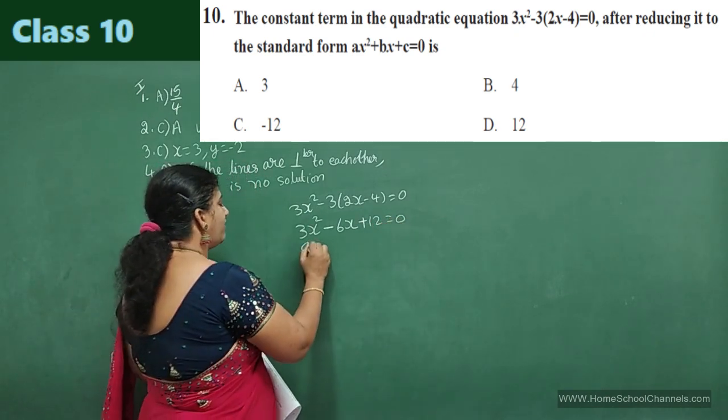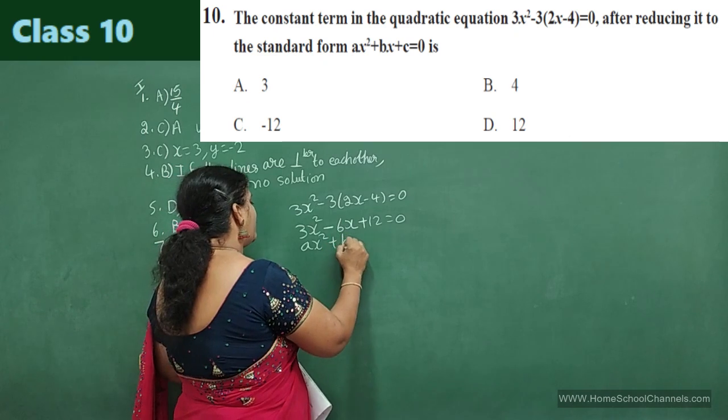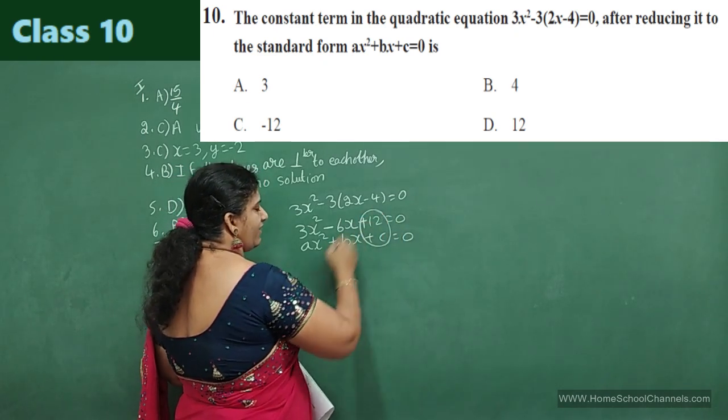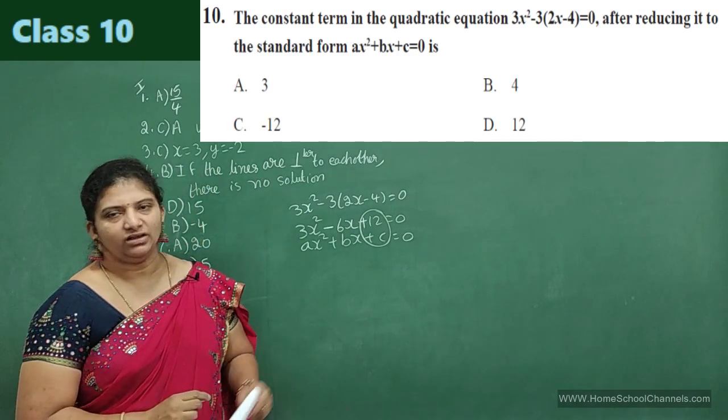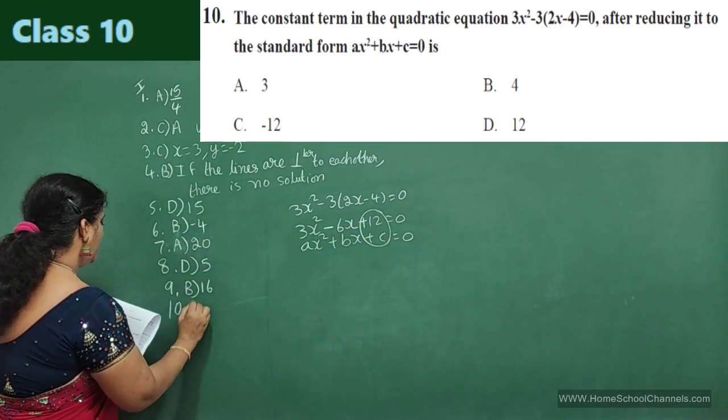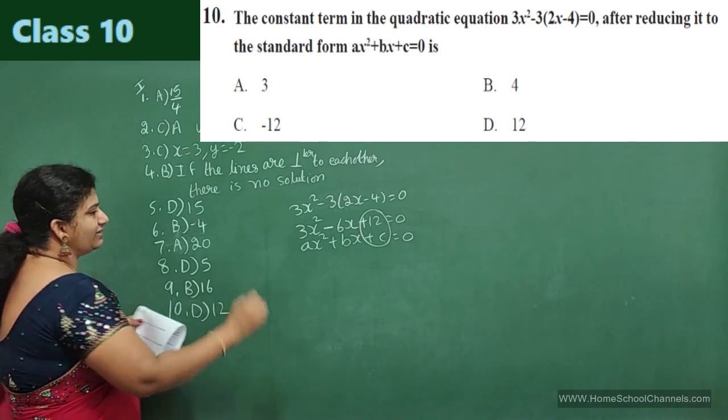Then compare with the standard form ax square plus bx plus c equal to 0. What is the constant value? It is 12. So your option is option D. Option D, 12 is the answer.